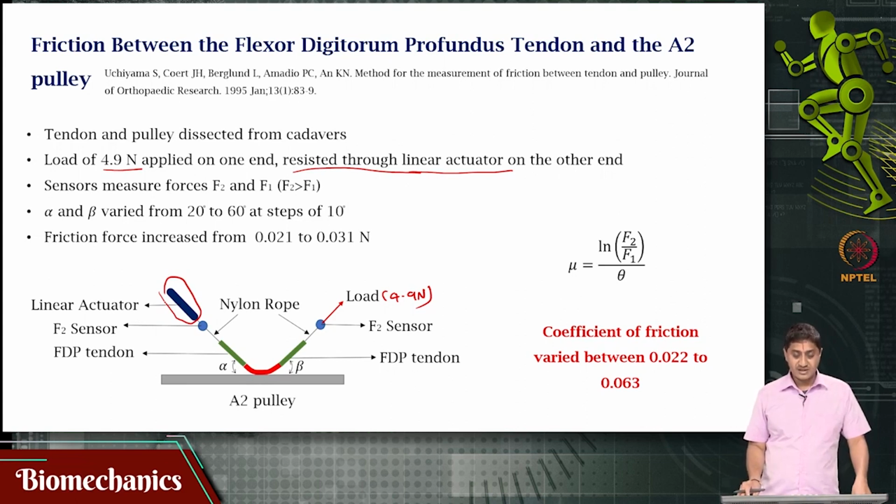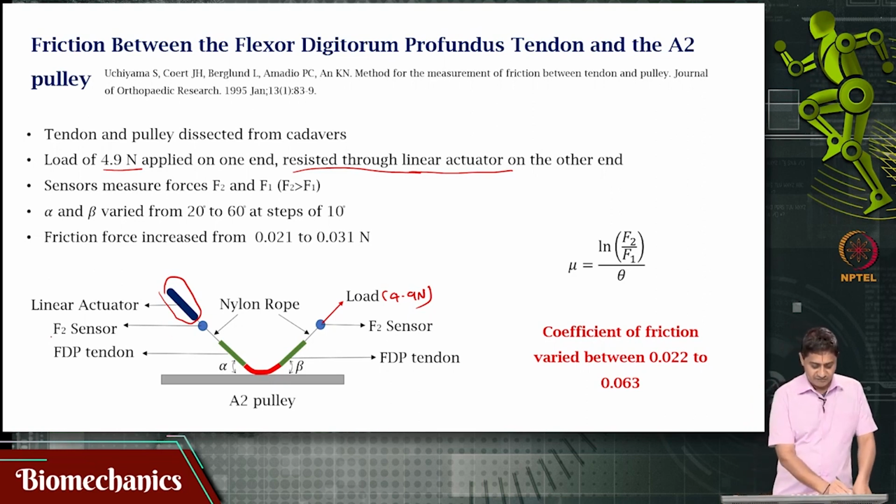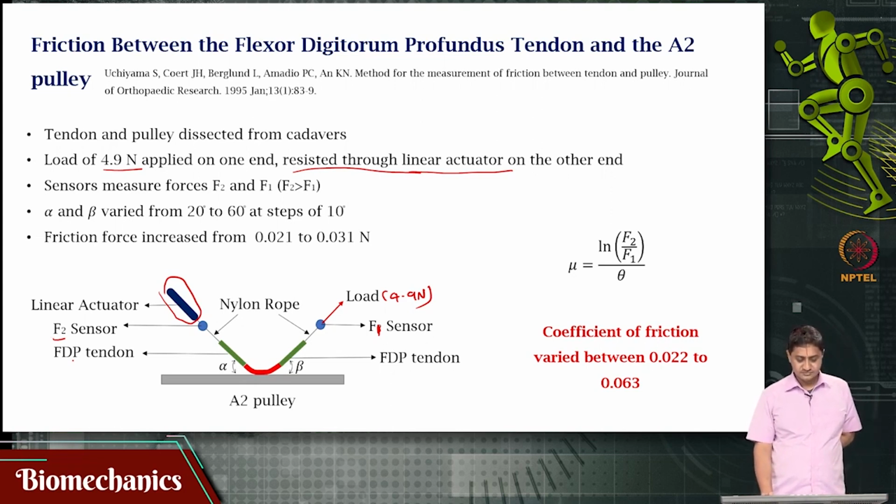Okay. And there are two force sensors in series with this arrangement, F1 sensor and F2 sensor. And they are making two different angles, alpha and beta, with the A2 pulley.